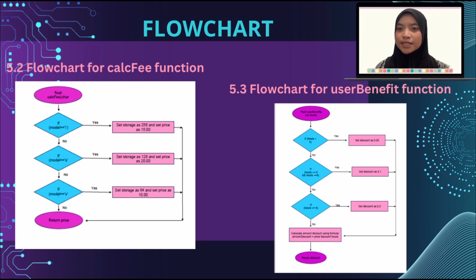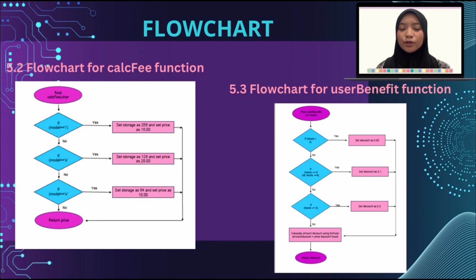Next, I will continue with the second flowchart, which is the flowchart for the calculate fee function. The program will start with the function called float calculate_fee(child model, integer storage). Then the program will continue to execute the if selection by the model entered by the user. If the model entered by the user is equal to I, then the storage will be set as 256 GB and the price will be set as 15 ringgit.